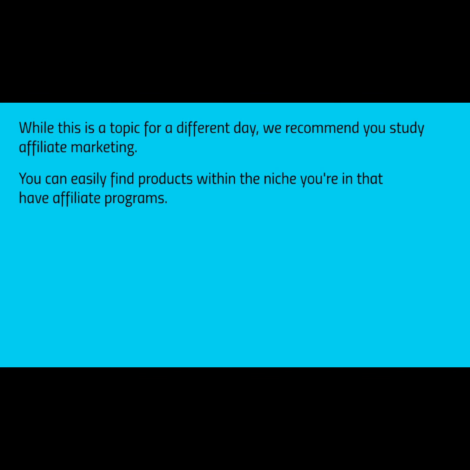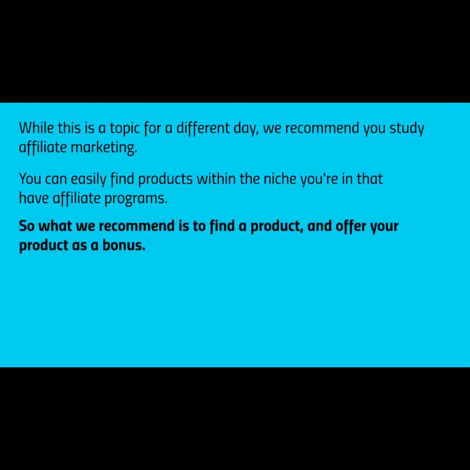And especially if you make sales for them and let's say for example, you're offering the product that you created as a bonus. So if the buyer purchases the vendor's product through your affiliate link, a lot of times the vendor will give you such as 50%.